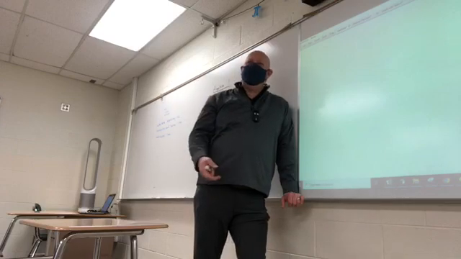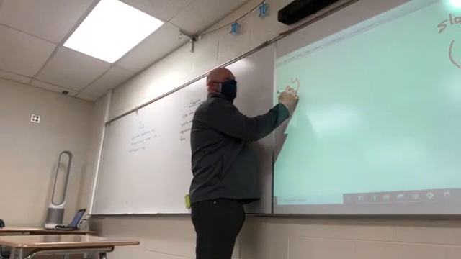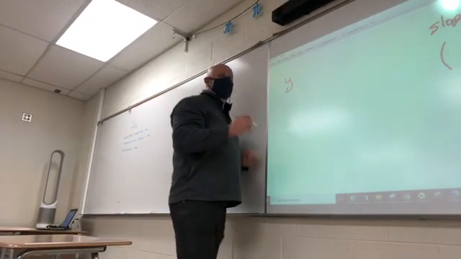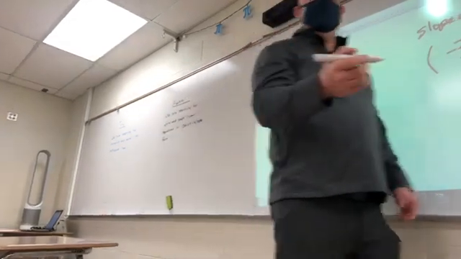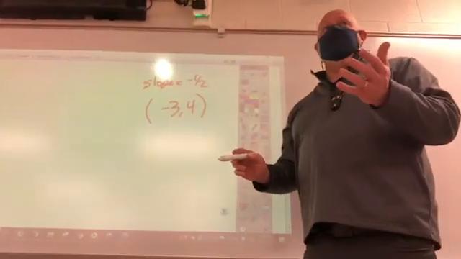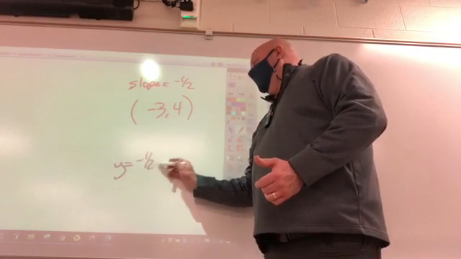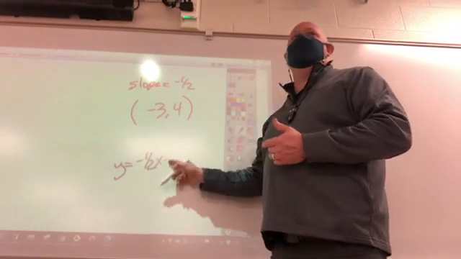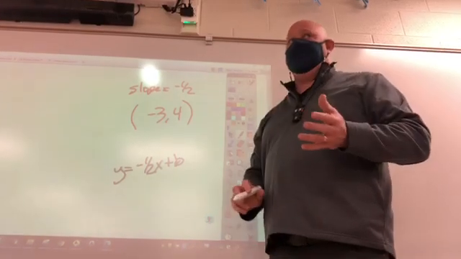There's no calculation to be made. What's the answer? Y equals -1/2. Well, if I wanted to put it into slope-intercept form, y equals mx plus b, there's a lot more work to do here. Yes, I know the slope is this, but do I know the b? I don't know the b. I'd have to find the b.